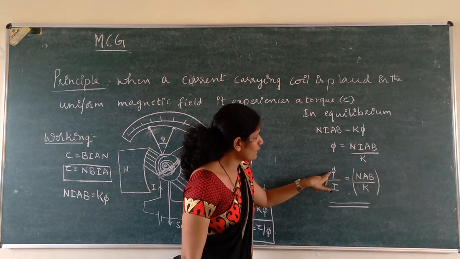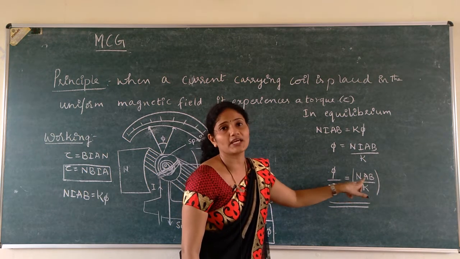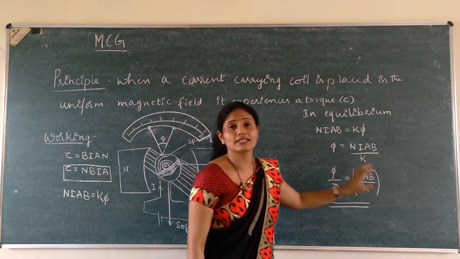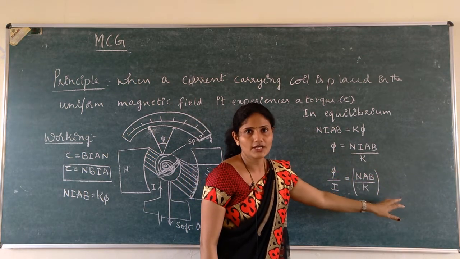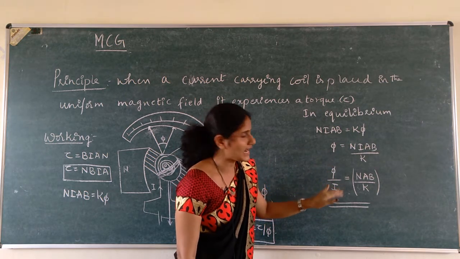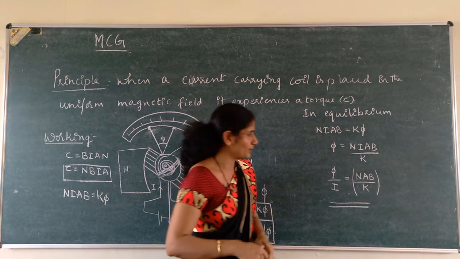So, the ratio of angular deflection and current is equal to NAB by K, and this is constant for a given galvanometer. Okay? For a given galvanometer, this ratio is always constant, and this ratio is called the current sensitivity of the galvanometer.